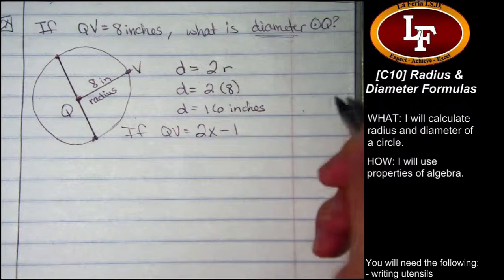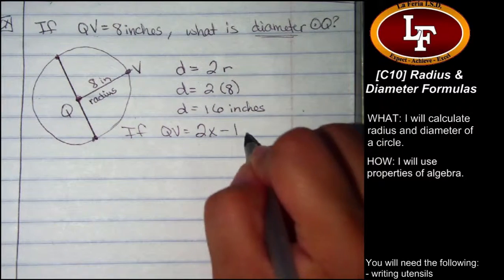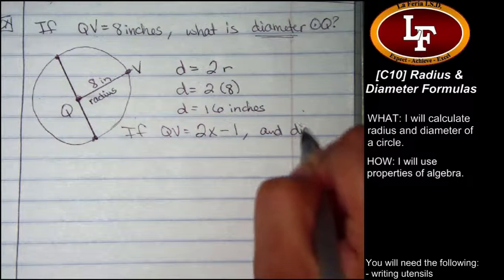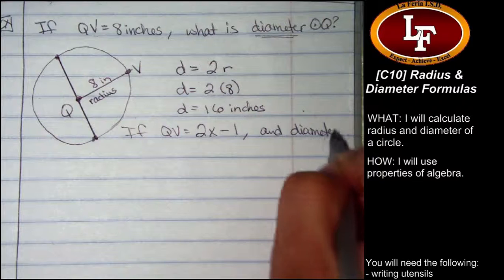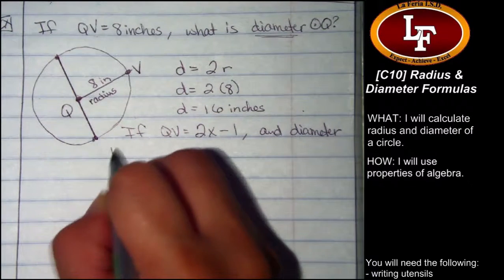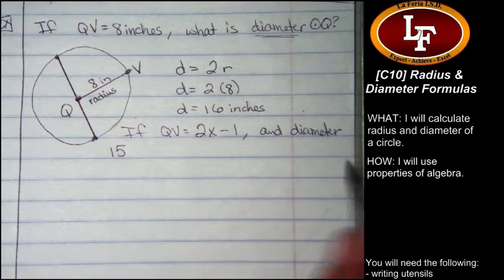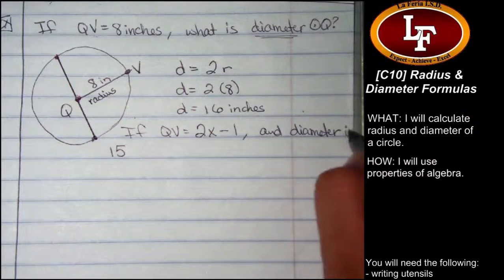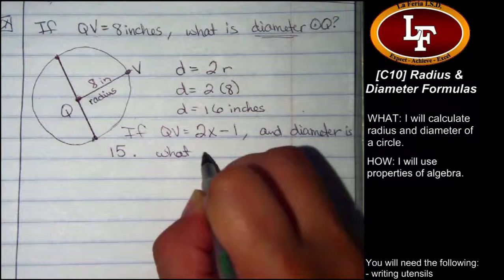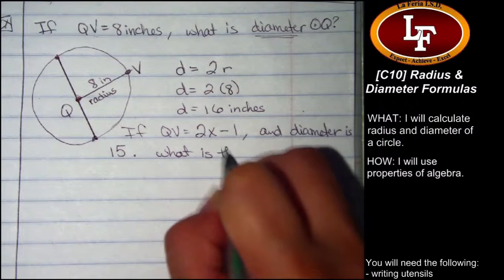Let's say 2x minus 1. And let's say this diameter is, oh, I don't know, 15. Now the question becomes, what is the value of x?